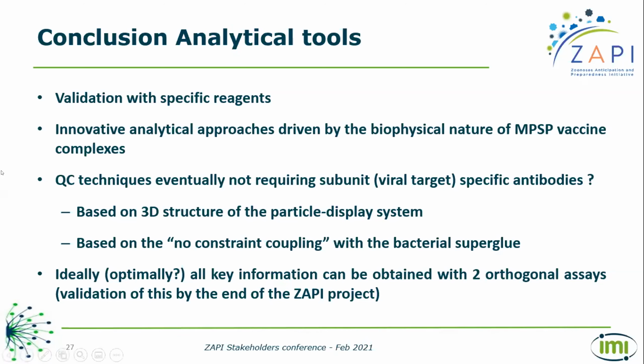A conclusion on this analytical part is, of course, we use also specific reagents, and the team in Hanover has been really remarkable in being able to generate anti-spike tag and anti-spike catcher superglue antibodies. I was thinking it was not possible, but they did it.